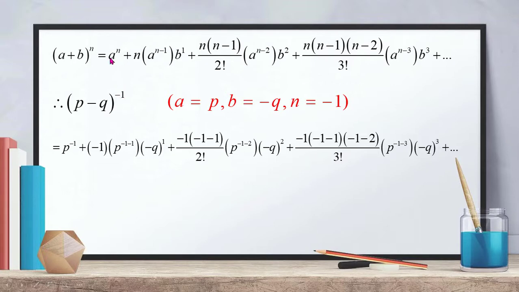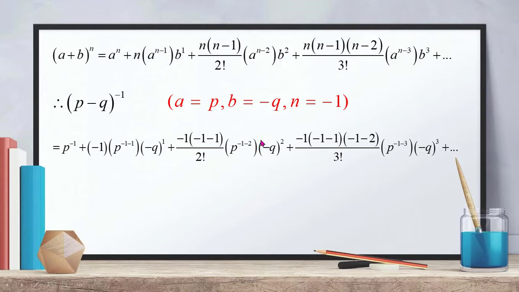Okay, so here we're going to have p raised to the power negative 1. Our n is negative 1, so we're going to have negative 1 there. Our a is p, so we're going to have p. n is negative 1, so negative 1, negative 1. Our b is negative q, so we're going to have negative q raised to the power 1. Okay, and so on and so forth. So we have negative 1, negative 1, negative 1 over 2 factorial, p, negative 1, negative 2.